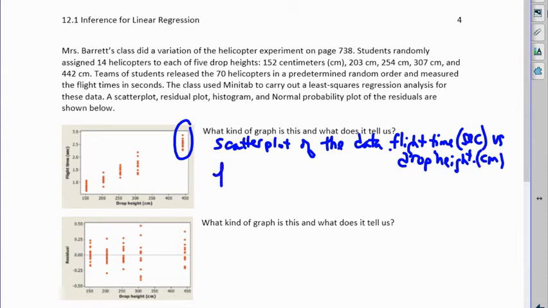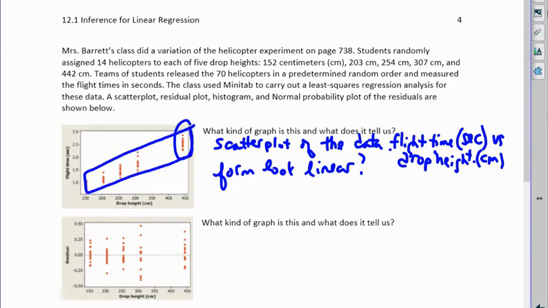They are trying to decide, does the form look linear? And so let's look at that. If I make a rectangle around this, it does seem to have a linear form. Also, you want to be looking at the direction from this graph, and I would say it is positive.